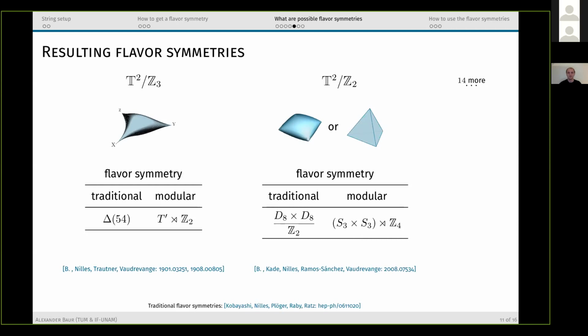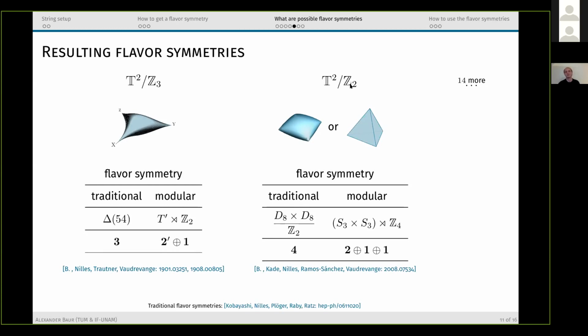Okay, so you see we always have this traditional and modular, and of course we can combine them, but before that I totally forgot about the representations. If you're doing model building, you would always be interested in the irreducible representations of your flavor symmetries. For example, here for Delta 54, we find a three-dimensional representation, which is of course very good if you want to describe a three-generation model.